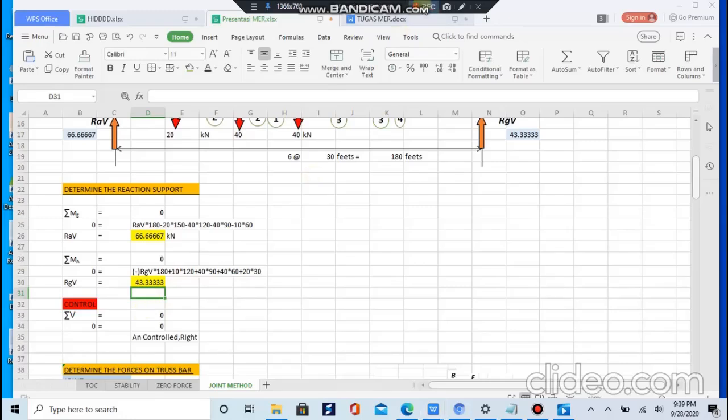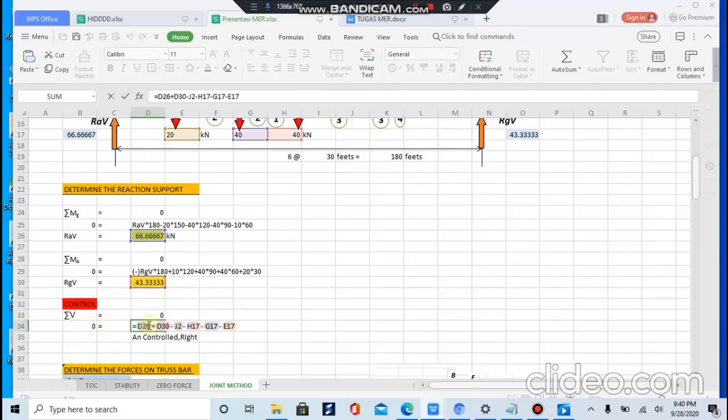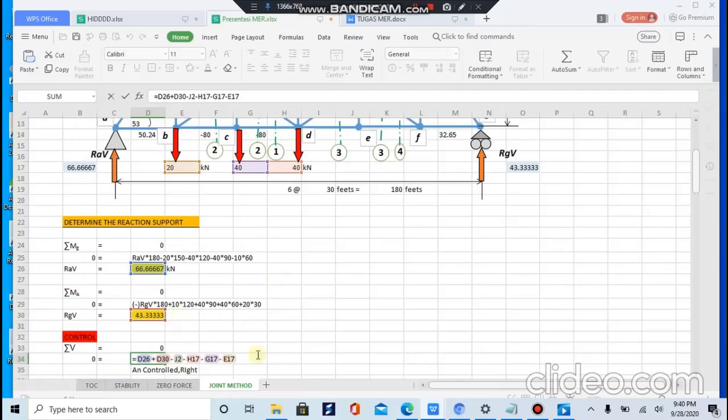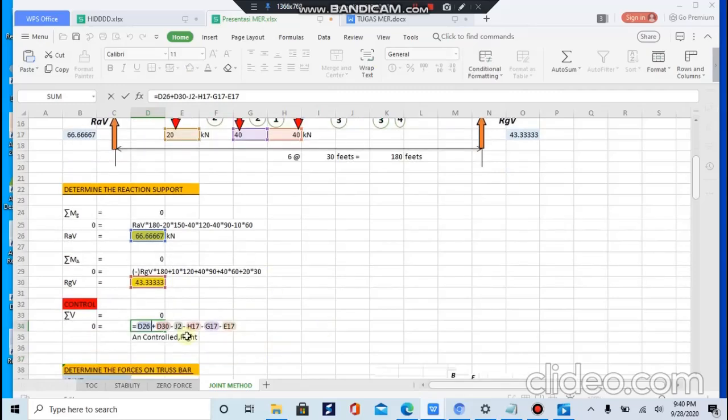Don't forget to check the forces by summing all forces on the truss system. We will use the control with sigma V is 0. So 0 is equal to RAV plus RGV minus all the external forces that go in this truss system.